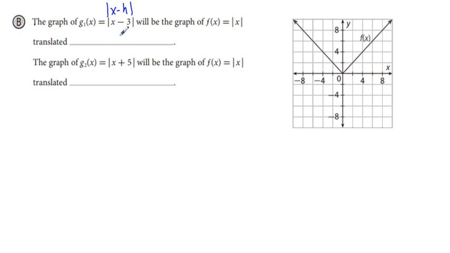I have a little song that I sometimes use: x plus moves to the left and x minus to the right. Is this x plus or x minus? X minus, to the right. So we're going to translate to the right, or rightward. That means to the right, 3 units. And so we can take this. What's that going to look like?